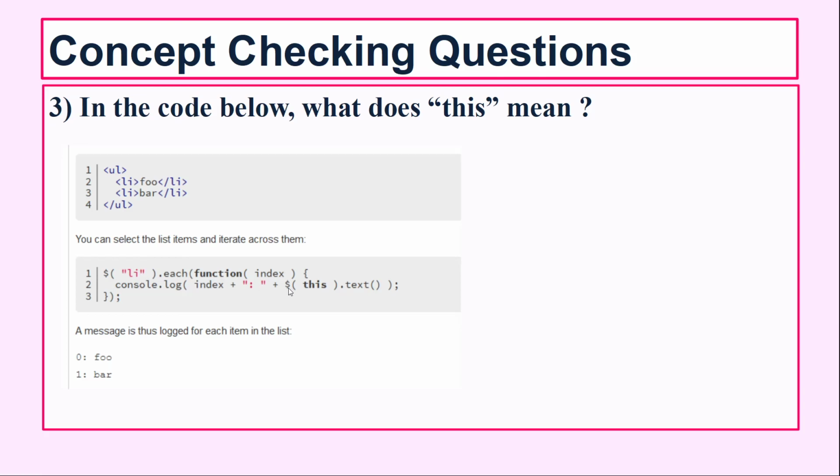So for example, going back to the code that we just saw in question 1, this is referring to the li. So for the first time it's iterating round, it's referring to the first li. The second time, this is referring to the second li. So it's a way of linking itself to, I guess, the name of the thing that we've just called.